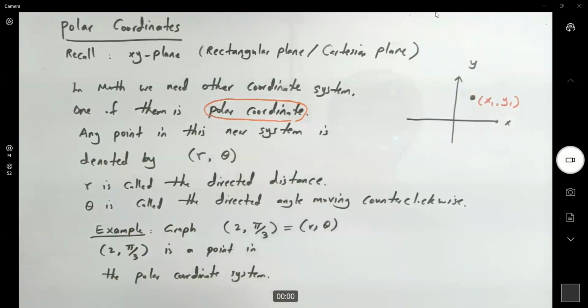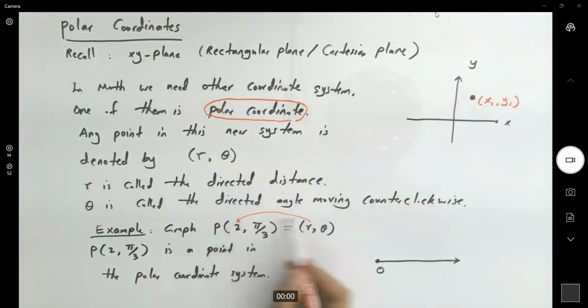R and theta. Well, I have R and theta, and I'm going to assume that my origin is here. And I'm going to assume that my horizontal line on the positive side represents the length of R. Okay, so this is my O, and suppose this is point P. The length is 2.